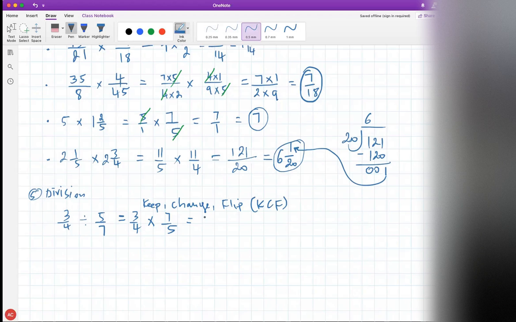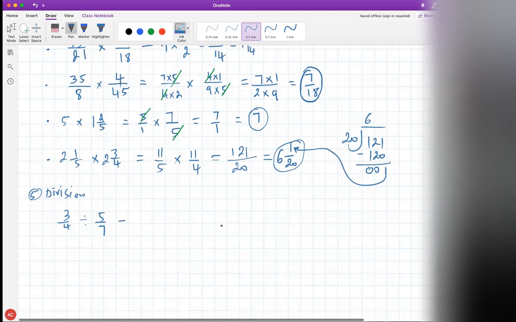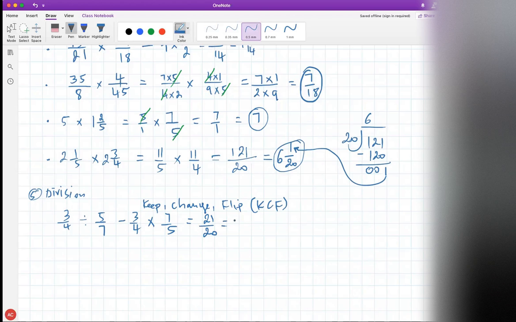Okay, so what is this equal to? 21/20. That's right, 21/20. Let's convert this into a mixed number.